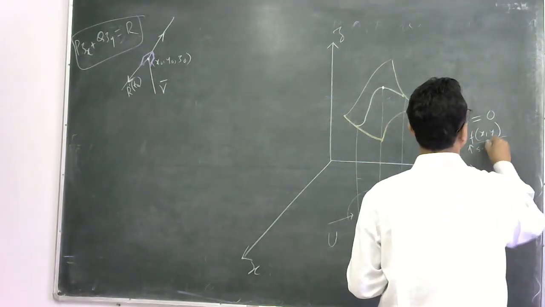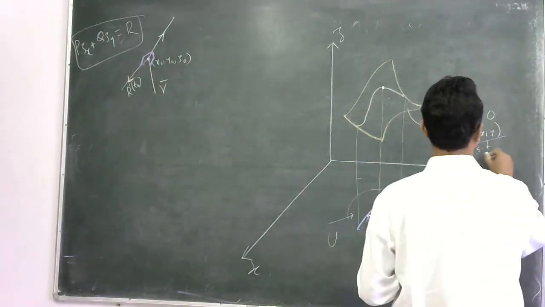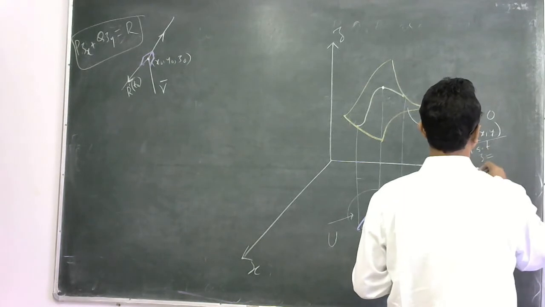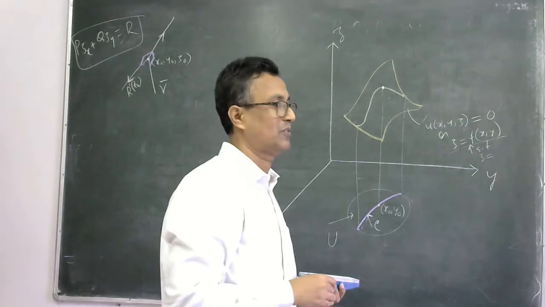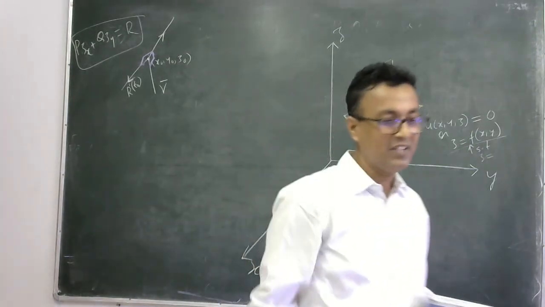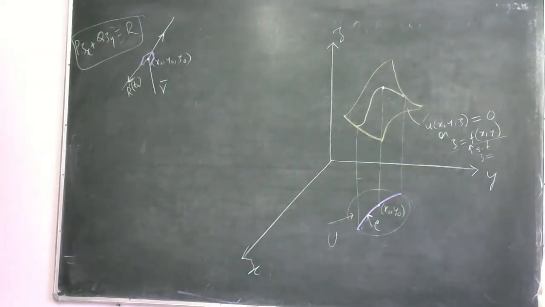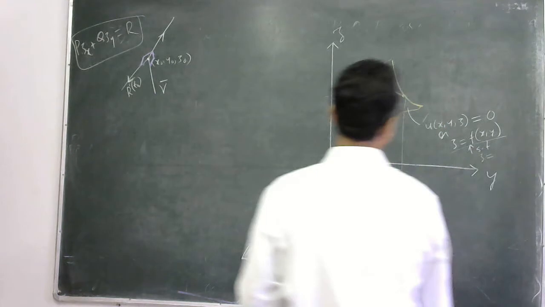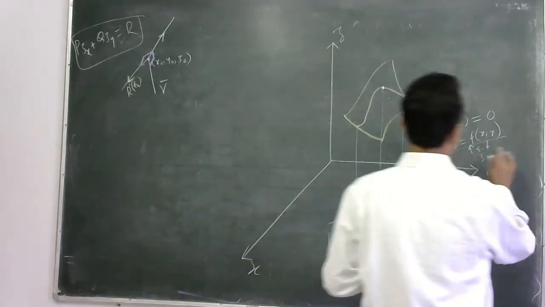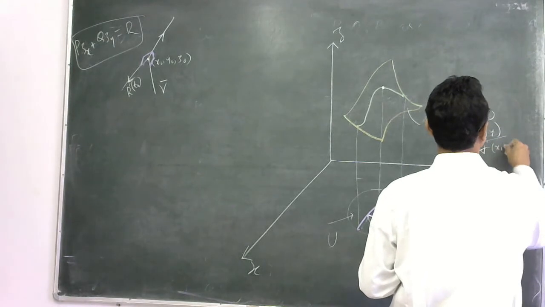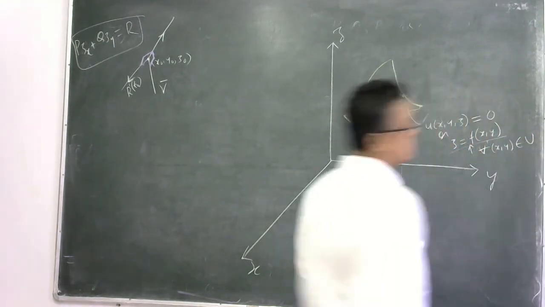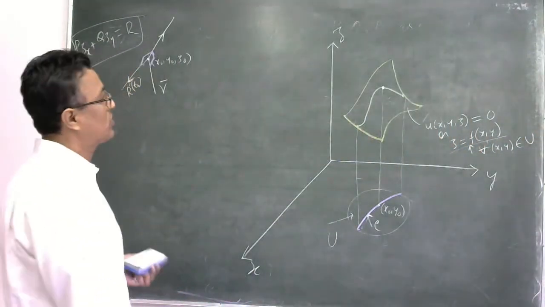You have to rope in the initial condition. You can write (x,y) belonging to U, that is the neighborhood of x naught y naught.